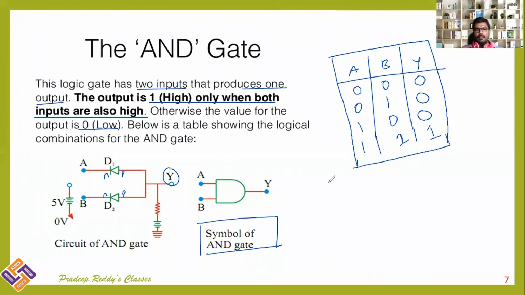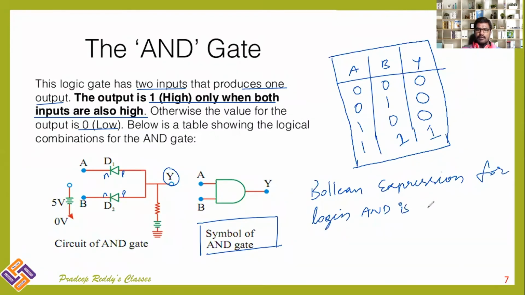And the Boolean expression for logic AND is Y equals A dot B. Check it out: 0 dot 0, that means 0 into 0 is 0, 0 into 1 is 0, 1 into 0 is 0, 1 into 1 is 1.